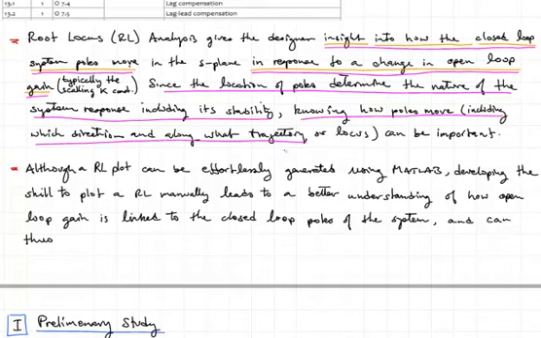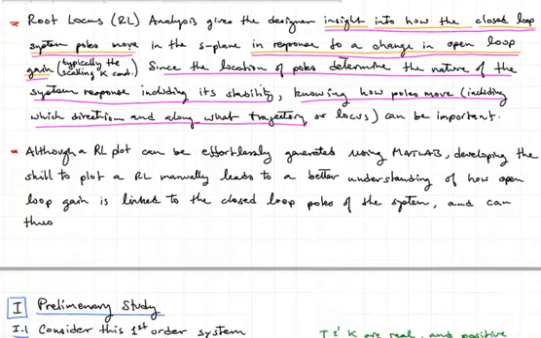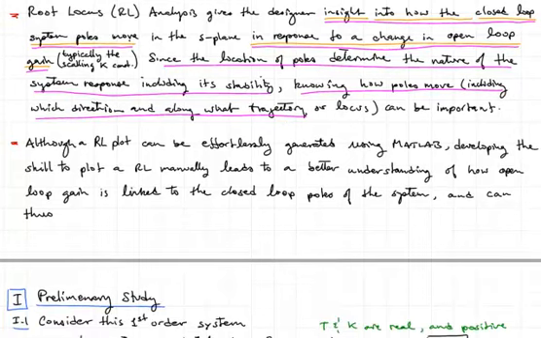For instance, are they going toward the j omega axis? Are they going further into the left half S-plane? These we've seen impact whether a pole is a dominant pole in the system, and therefore whether the system is going to have a fast or a slow settling time, whether it will be underdamped or overdamped, etc.